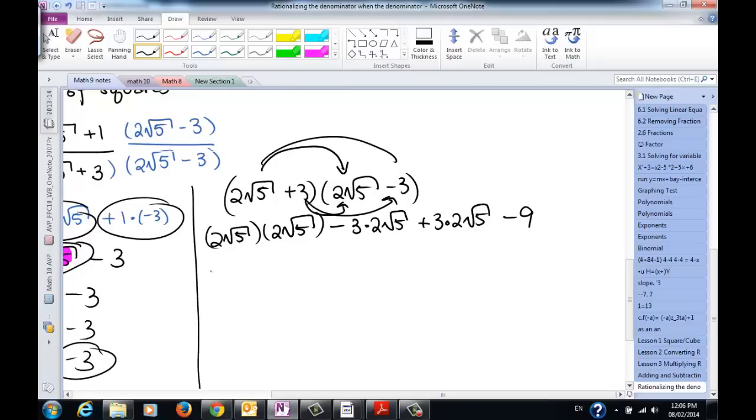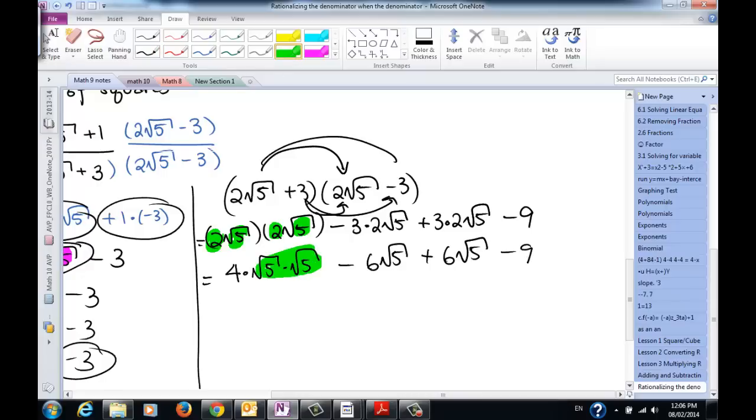Alright, let's simplify. Okay, I hope by now, especially after the last one, you see that this is all multiplication. So I can rewrite this as 4 multiplied by root 5 multiplied by root 5, minus 6 root 5, plus 6 root 5, minus 9. Root 5 multiplied by root 5, you should see simplifies to a positive 5.